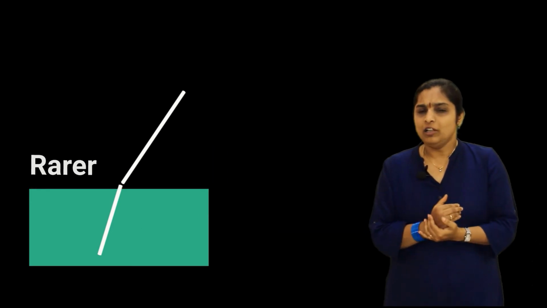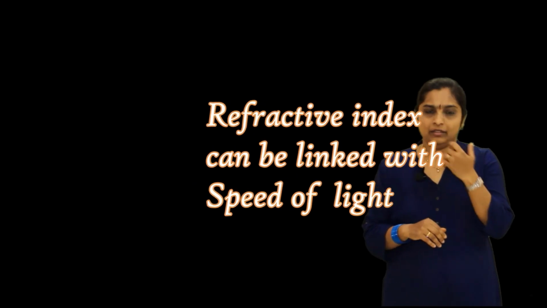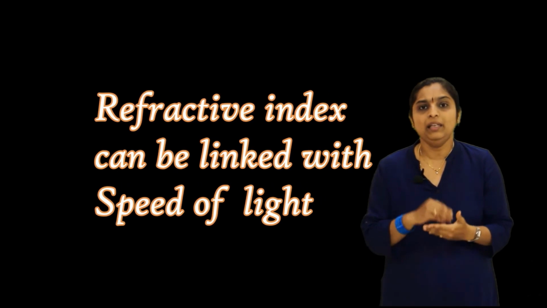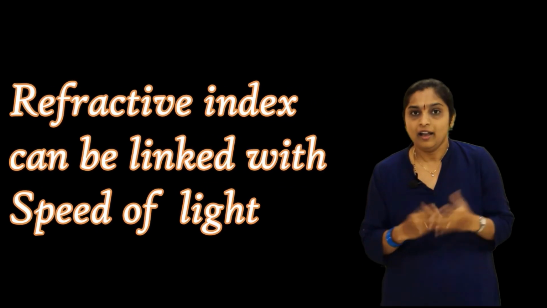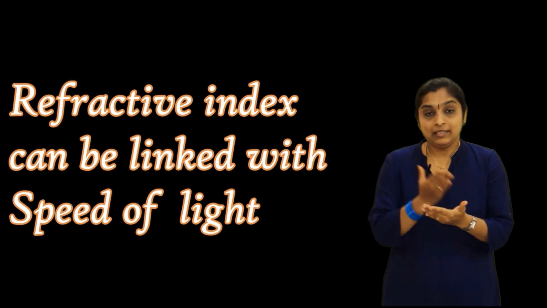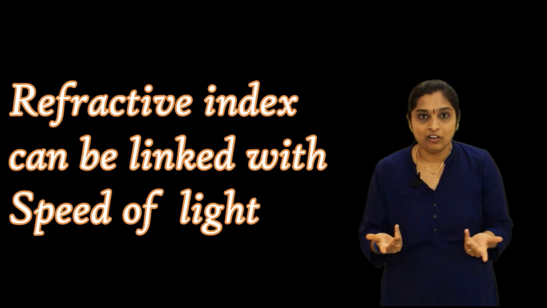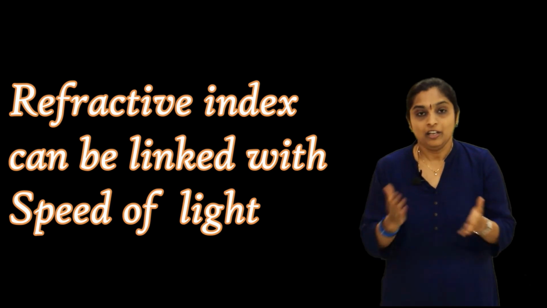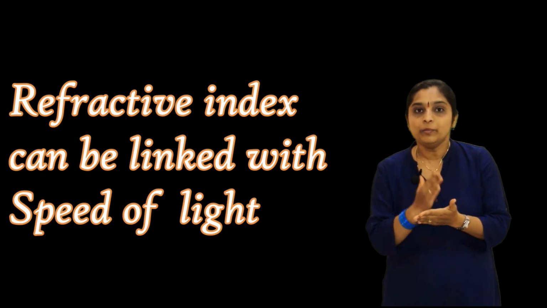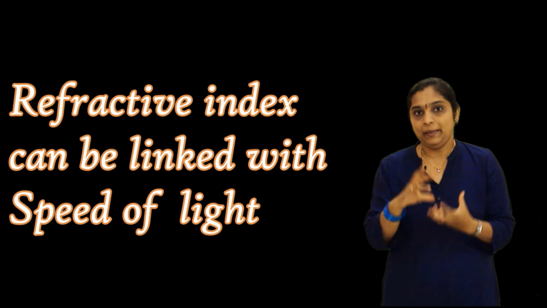Okay. And we also know that this refractive index can be linked to the speed of light. How? Because this bending or change in the direction of light is because of the change in the speed of light. So refractive index can also be linked to the speed of light.